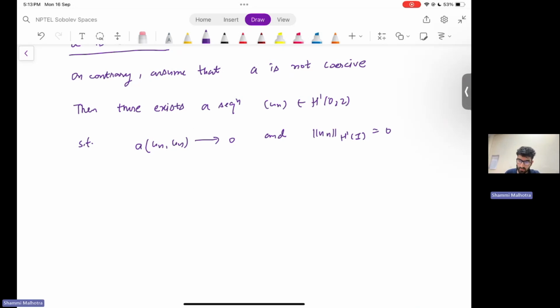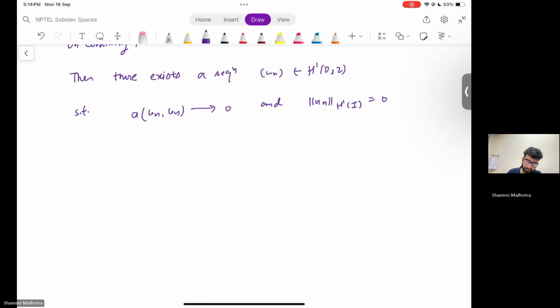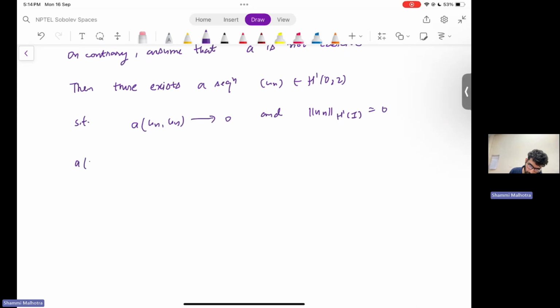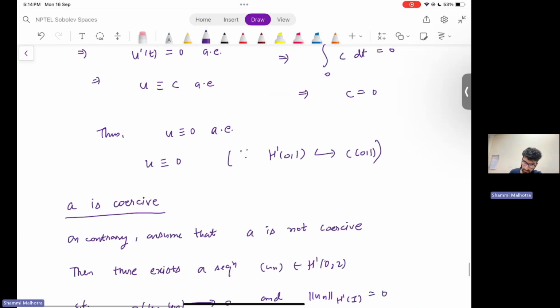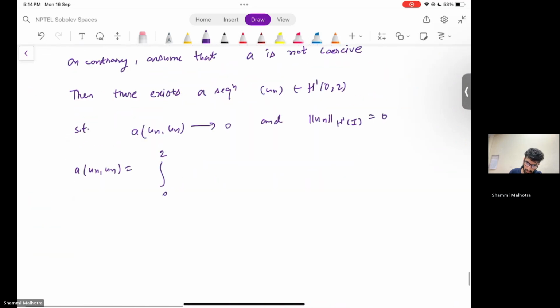So we can construct one such sequence. So what is A of u_n? A of u_n comma u_n is nothing but the integration 0 to 2 of mod of u_n dash t whole square dt plus the integration of 0 to 1 of u_n t dt whole square.